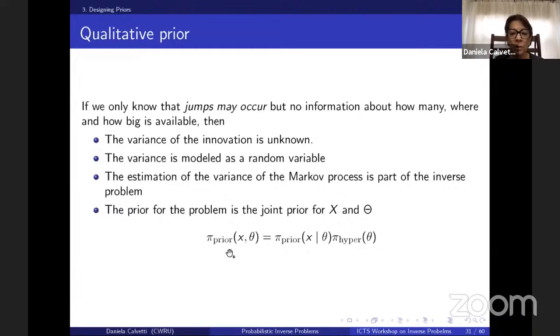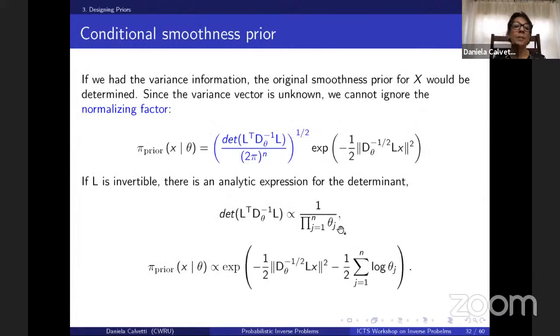We go for it in pieces: if we have a convenient expression for the prior of x if we knew theta, we write that down, and then we pay for having gone through the conditioning by multiplying it by a probability density function that describes the uncertainty about theta.